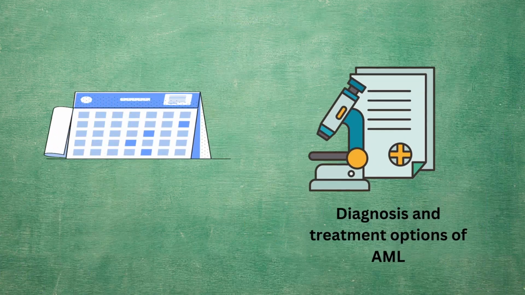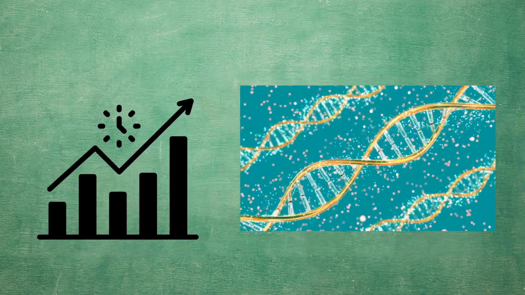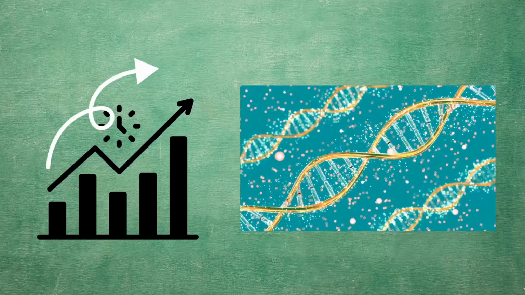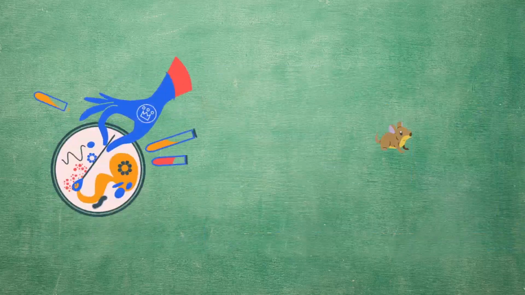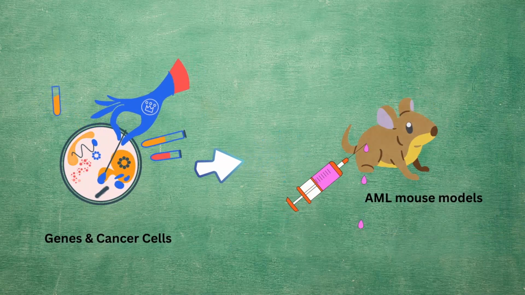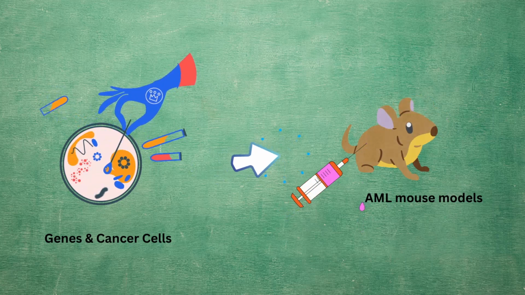Over the past few years, there's been a lot of work done on improving the diagnoses and treatment options of AML. One of the recent advances in the diagnoses of AML has been with the successful adaptation of CRISPR-Cas9. CRISPR-Cas9 genetic technology has been used to examine the genes and cancer cells of AML mouse models to provide improved treatment options.